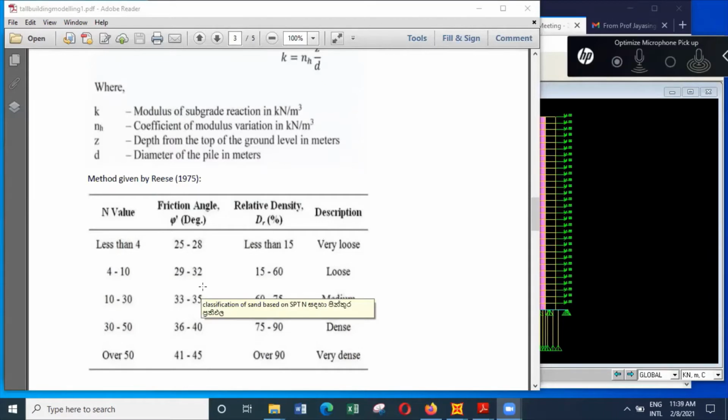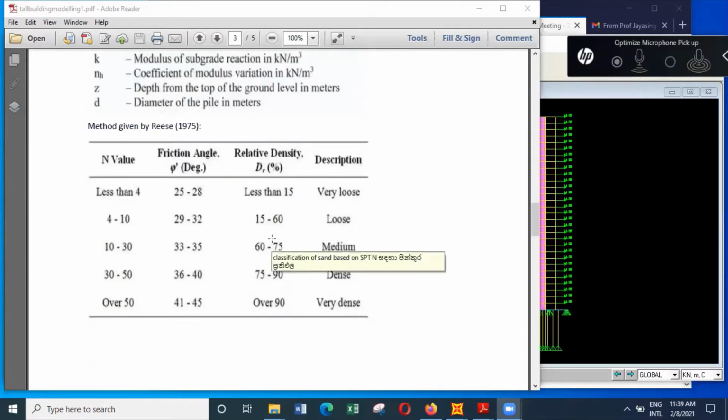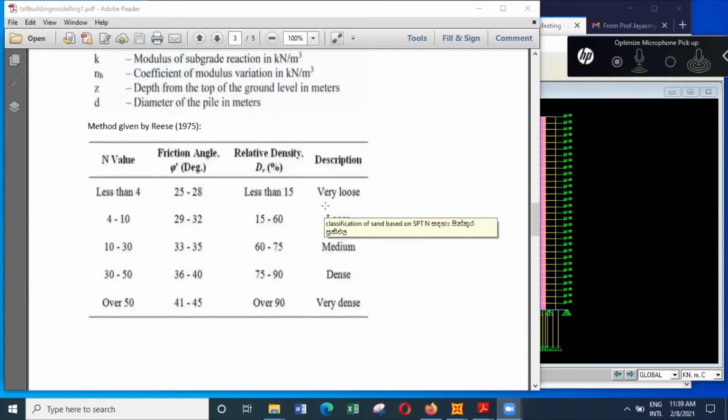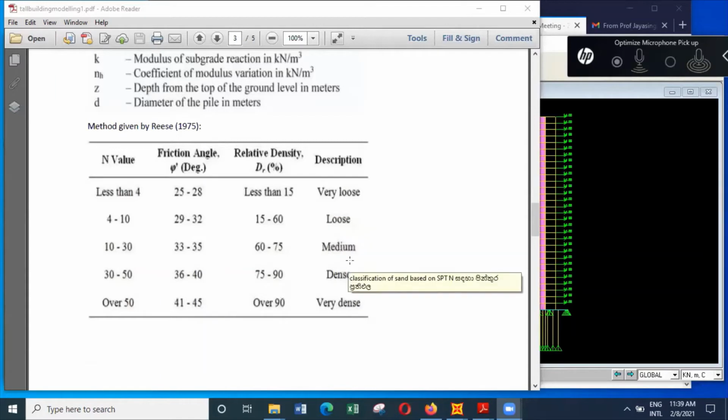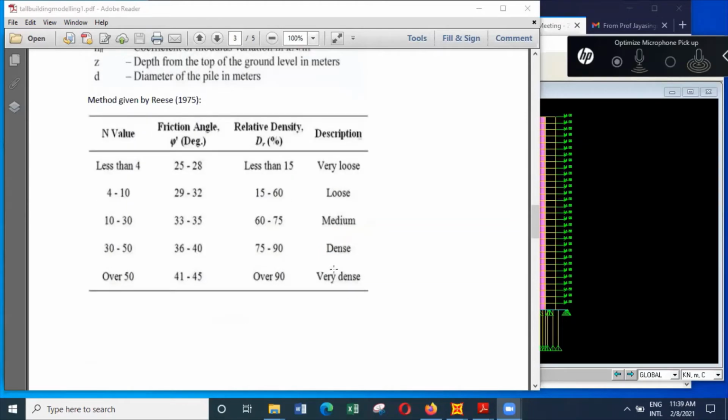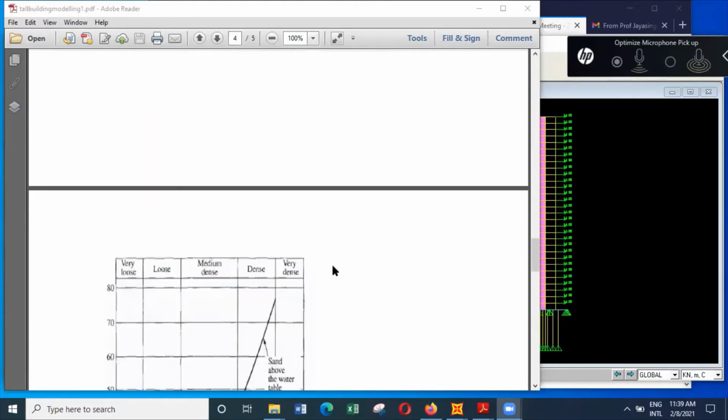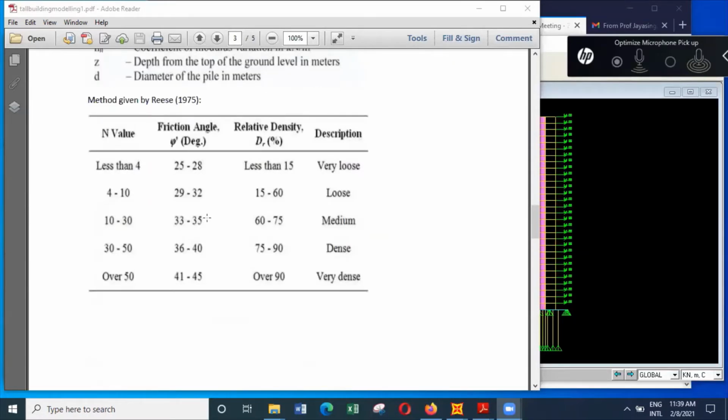And then when you know the friction angle, you can work out the relative density. Based on that, you can define whether it's a very loose sand, loose sand, medium dense sand or dense sand. So basically, you can work out the type of soil that you are having.